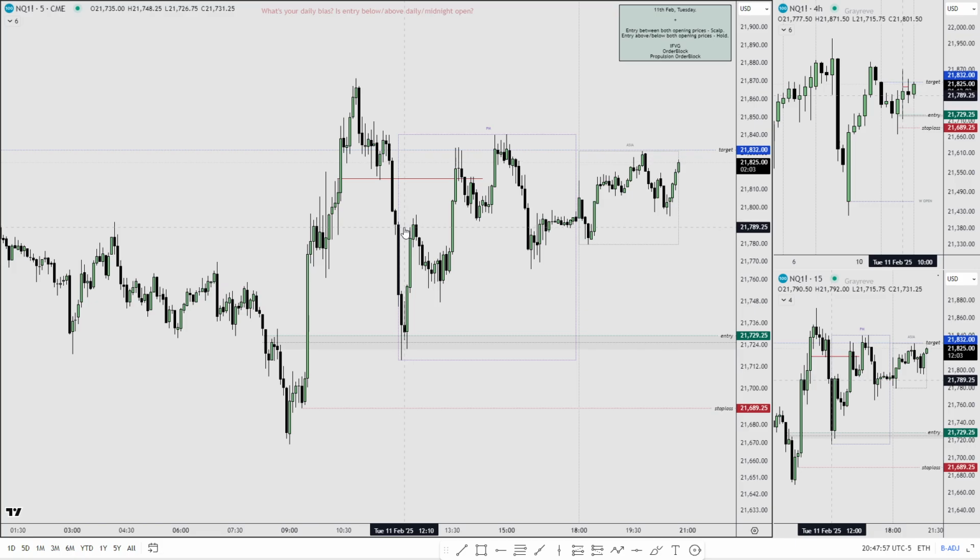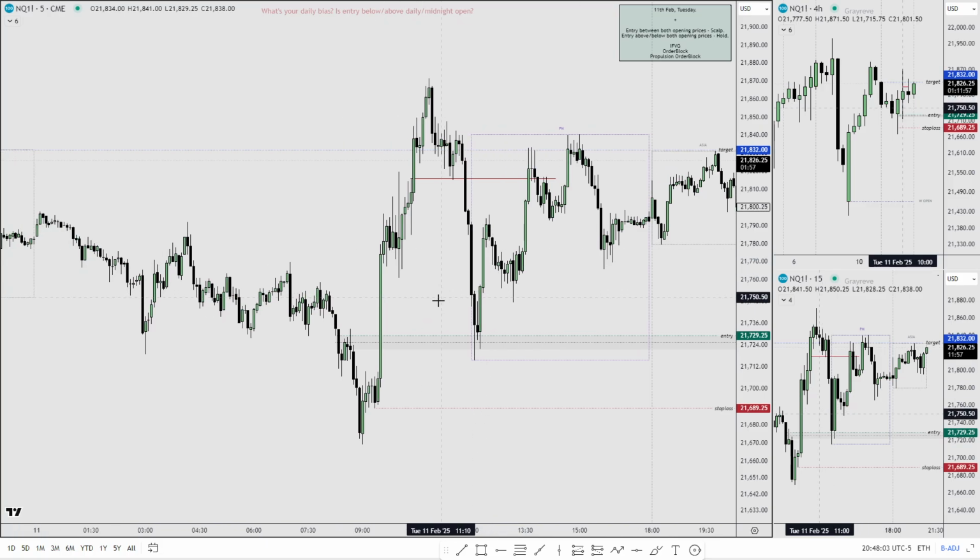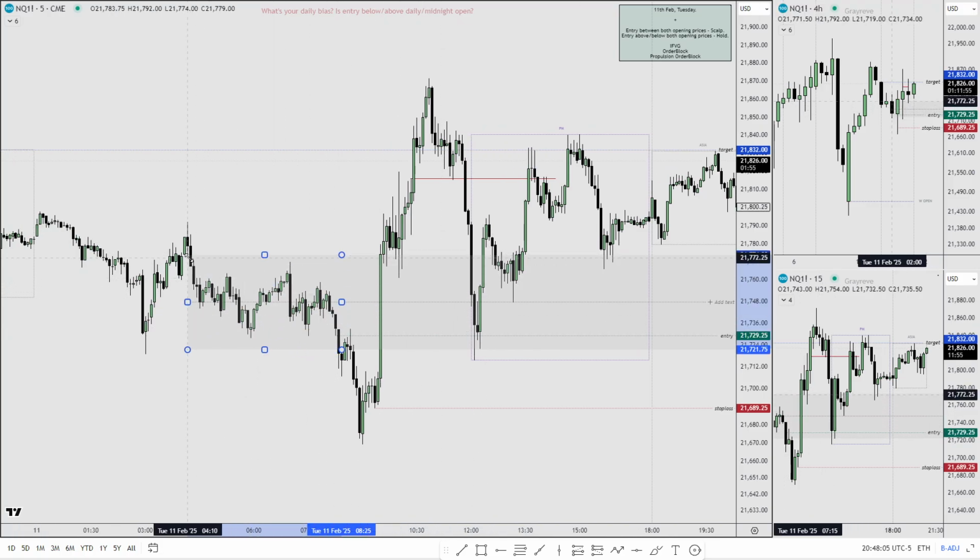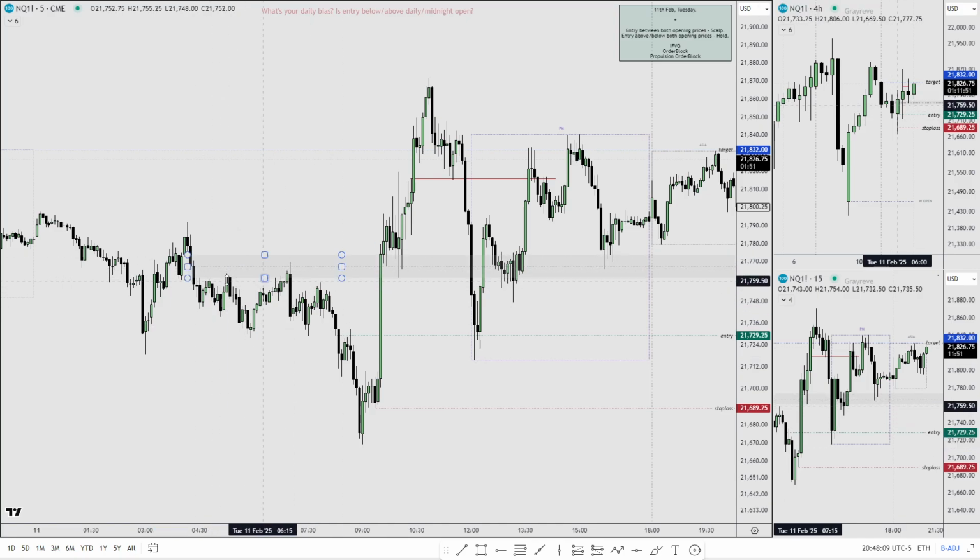All right, and the other thing that I mentioned was when it started to retrace a little bit, I was looking at this fair value gap right here, another inversion that was utilized before, because we traded higher, came back down, retest, and then higher, after which we came down through again, and then after that we closed back again.